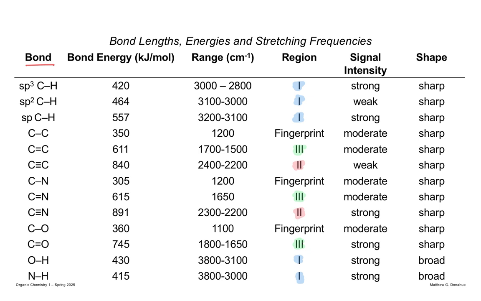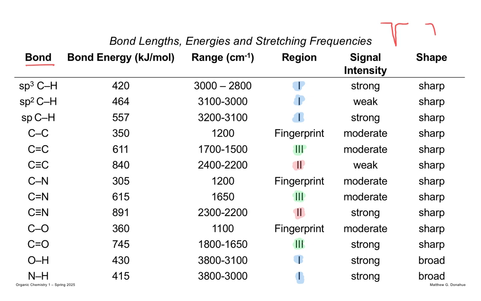Column 4 is signal intensity. As I said, when you're looking at 100%, strong means it's dipping pretty far down. Then you have the shape as well. I would say that's a sharp peak.